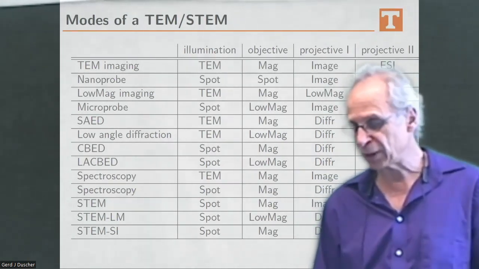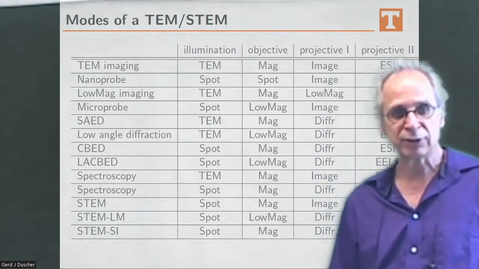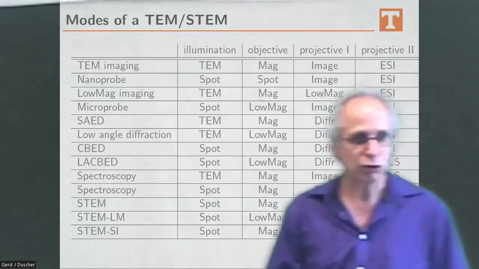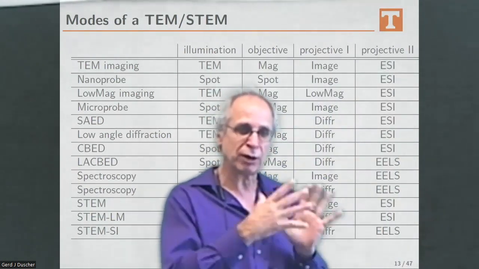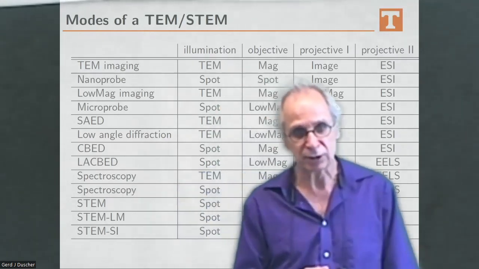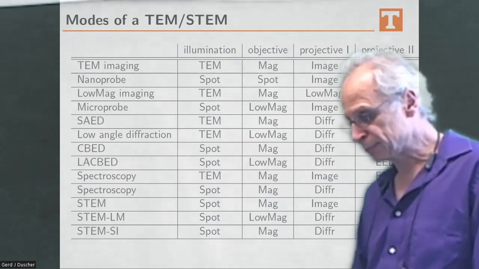It's the same thing, but it happens obviously after you have the electrons sorted out by energy, so after the energy dispersive plane. So you choose that to select things.